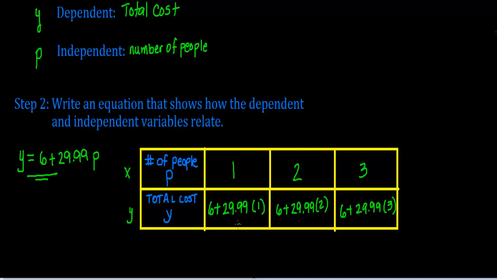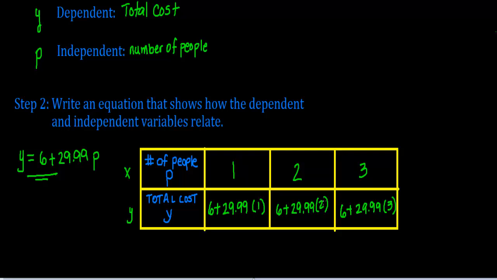So notice that for y, how do we get y once we know what p is? Well, look at what's happening. Every time I have an x value, in this case a p value, I plug it in here. p, p, p.